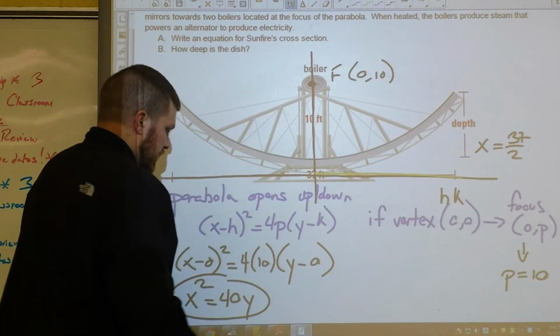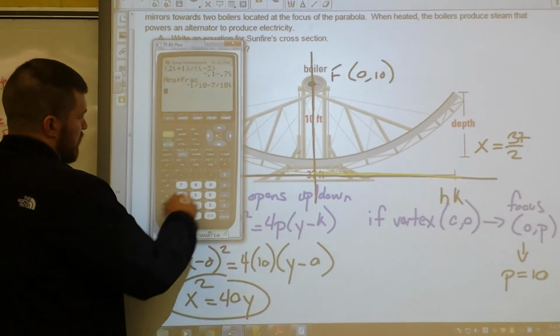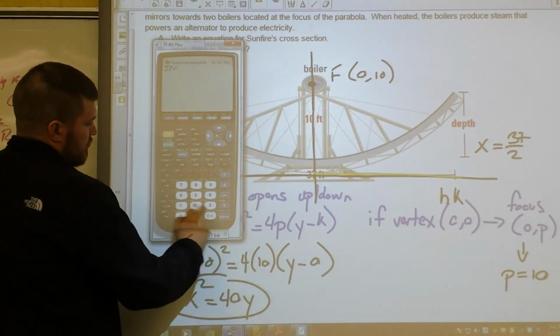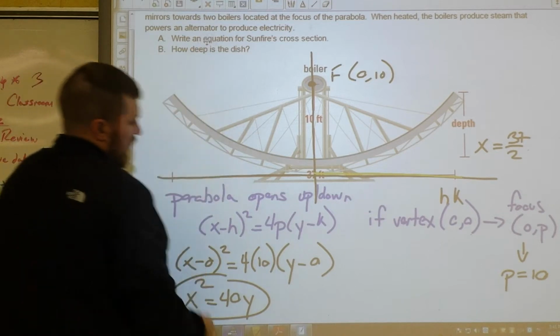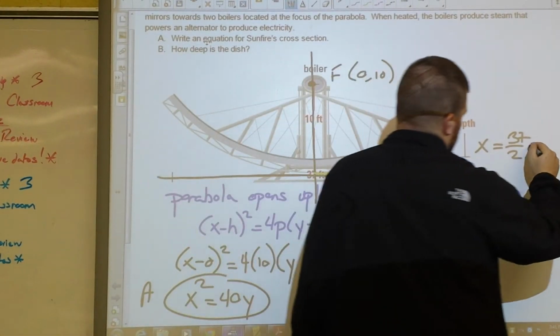I'm going to use my calculator just to save a little bit of time. Why do it in your head when you can use the technology? So that's 18.5. Going from the origin to the right-hand side of the dish is 18.5 feet.